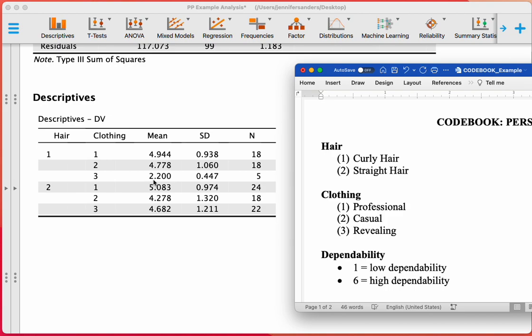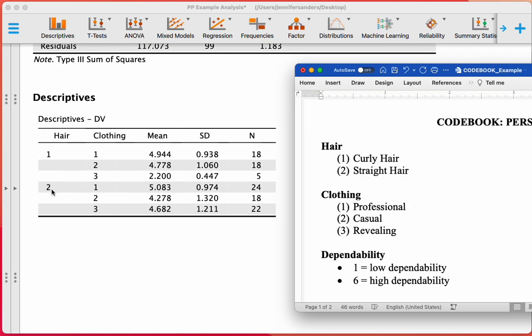And the dependability rating on average was 2.2. And so I can see that my range for my dependent variable was from 1 to 6, with 1 being low and 6 being high. So this is telling me that there was a very low rating of dependability if the tutor had curly hair and was wearing revealing clothing.